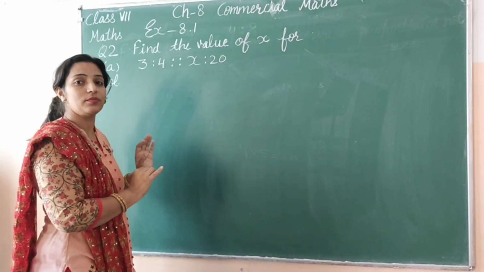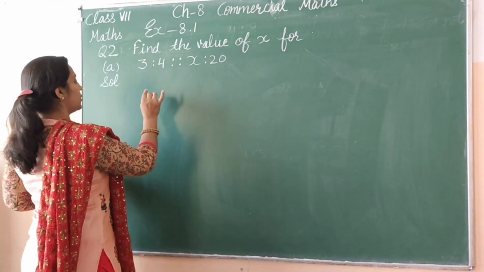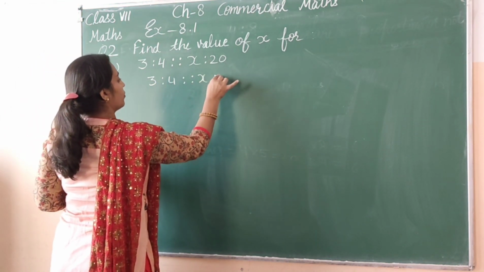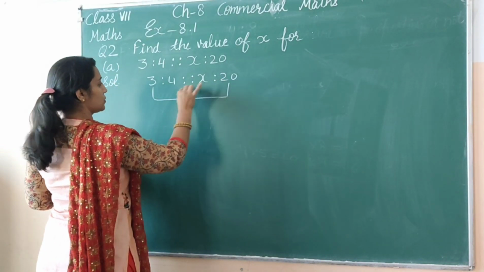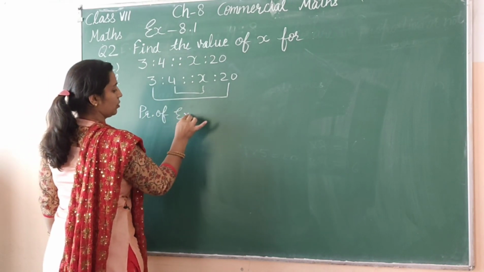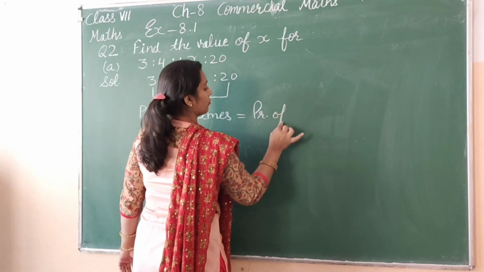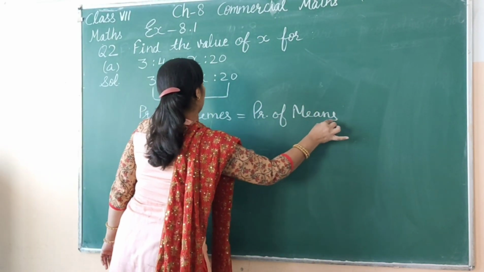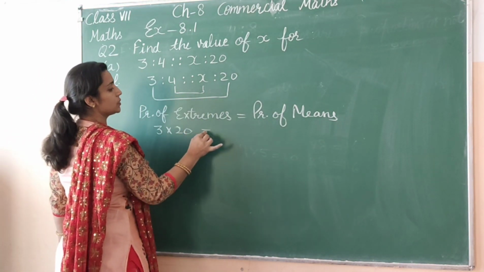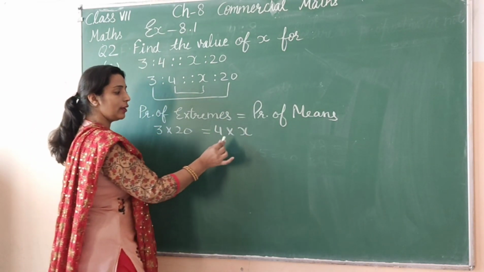We know that if the terms are in proportion, then the product of extremes is equal to the product of means. What is the product of extremes? 3 multiply 20 is equal to the product of means, 4 multiply x.